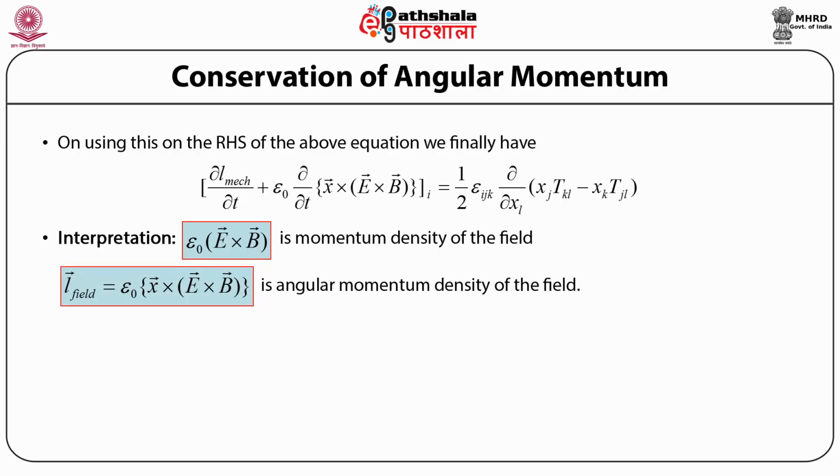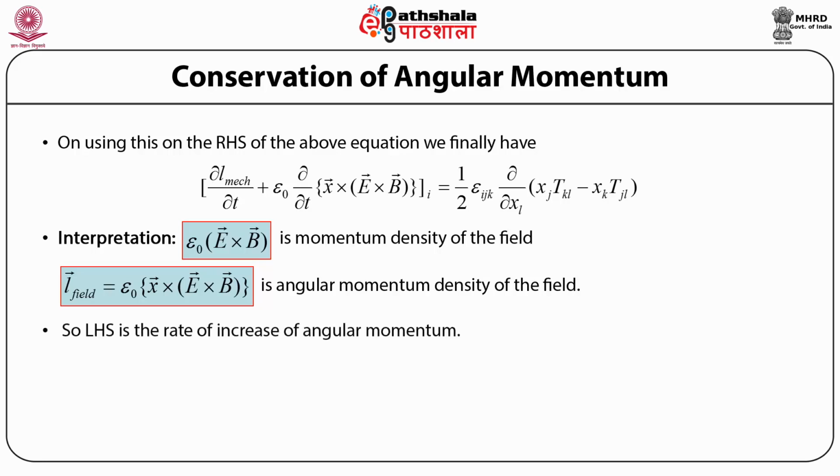L subscript field. So if we look at the above equation, what we get is that the first term on the left hand side is simply the partial time derivative of the mechanical component of the angular momentum, while the second term on the left hand side is the partial time derivative of the angular momentum term due to the electromagnetic fields.